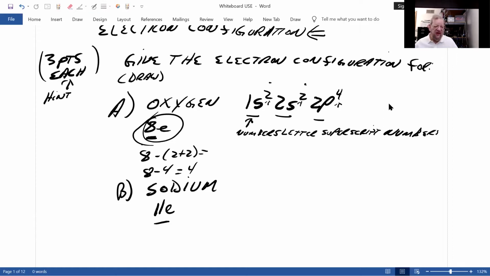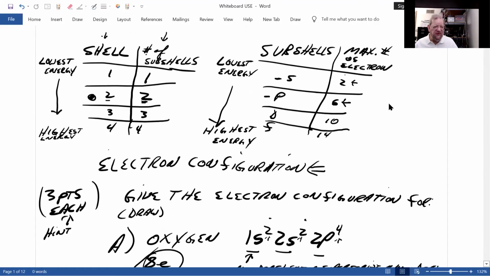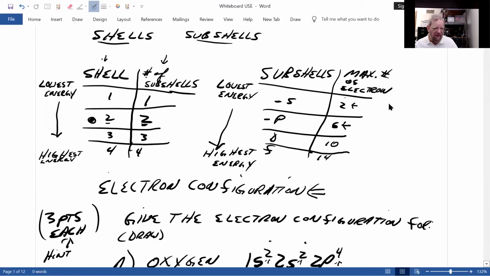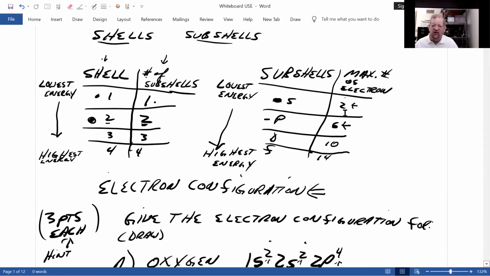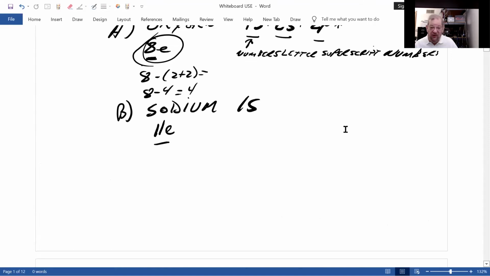So 11 electrons. Where do we start? Lowest energy shell, 1. How many subshells? 1. What is that? The lowest energy subshell? S. Remember, subshell, number, letter, 1s. How many electrons can we put in 1s? 2. I can do that, and I did. Are we done? No, we've got 9 more.